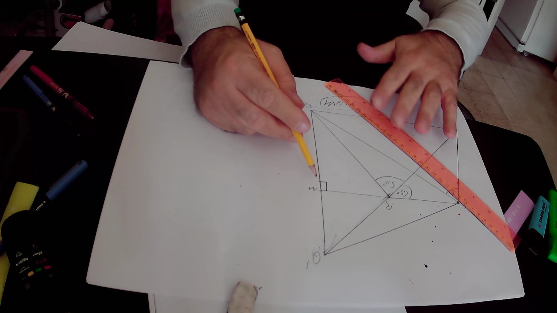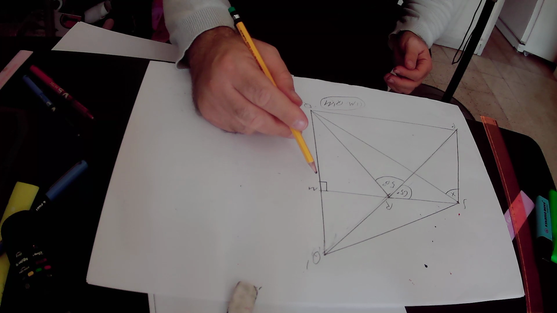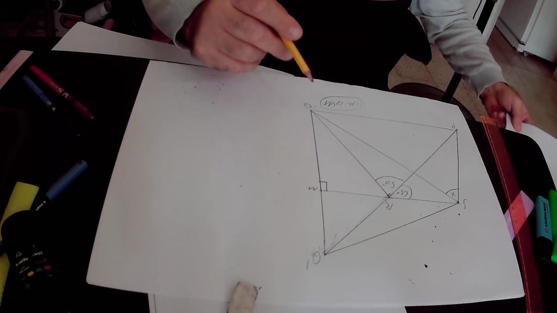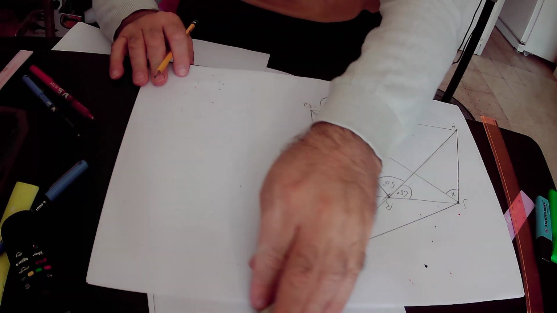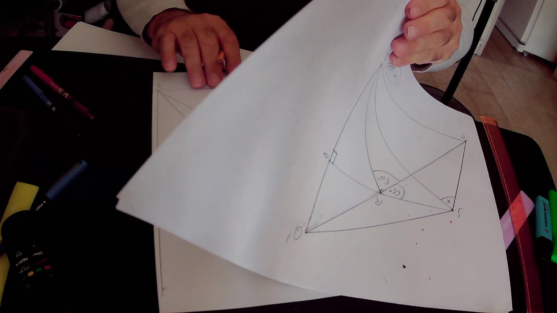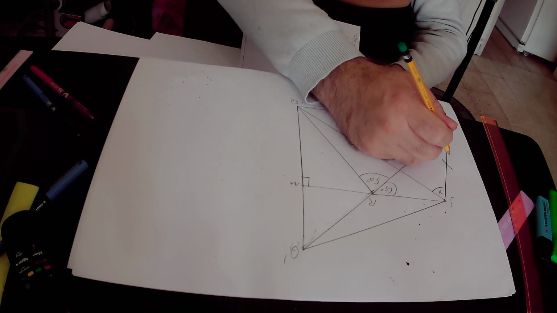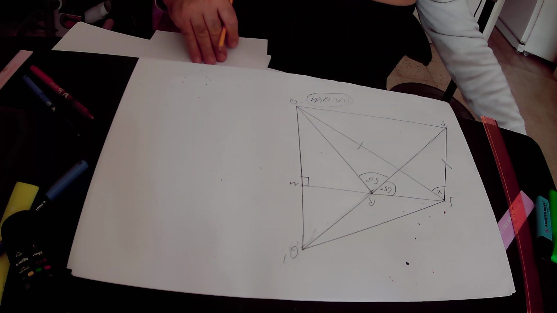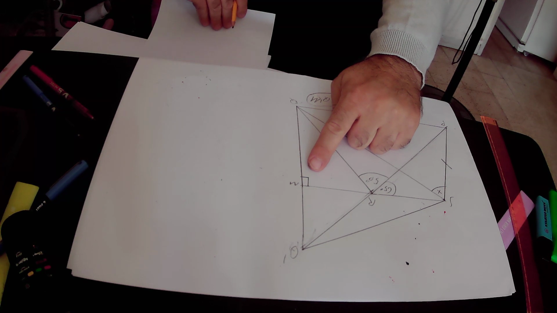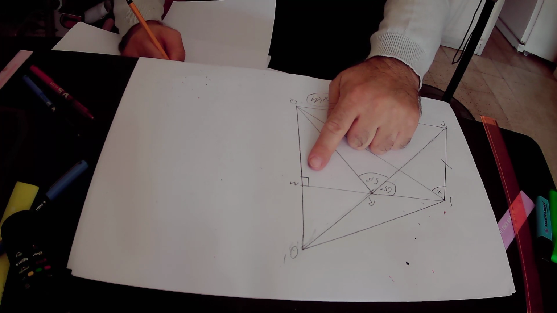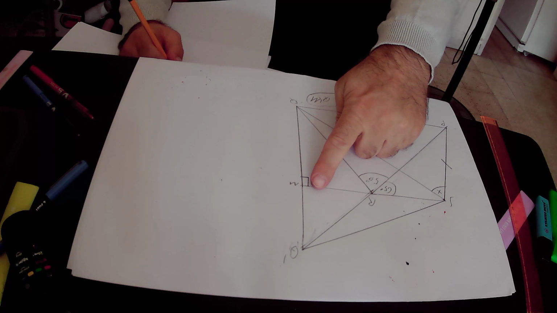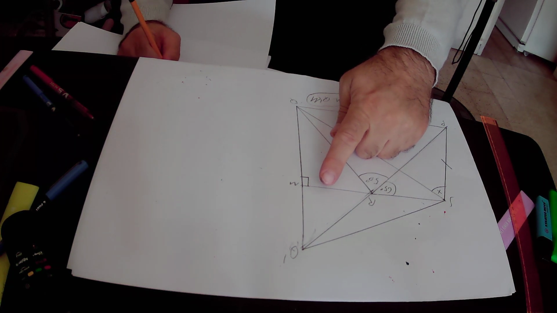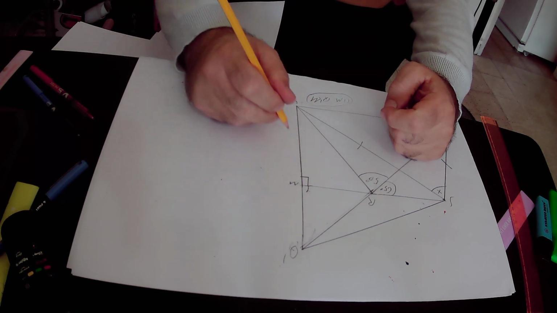So if we focus at point M, we will write down that 90 degrees plus the size of this angle that we'll define as Y equals 180 degrees.